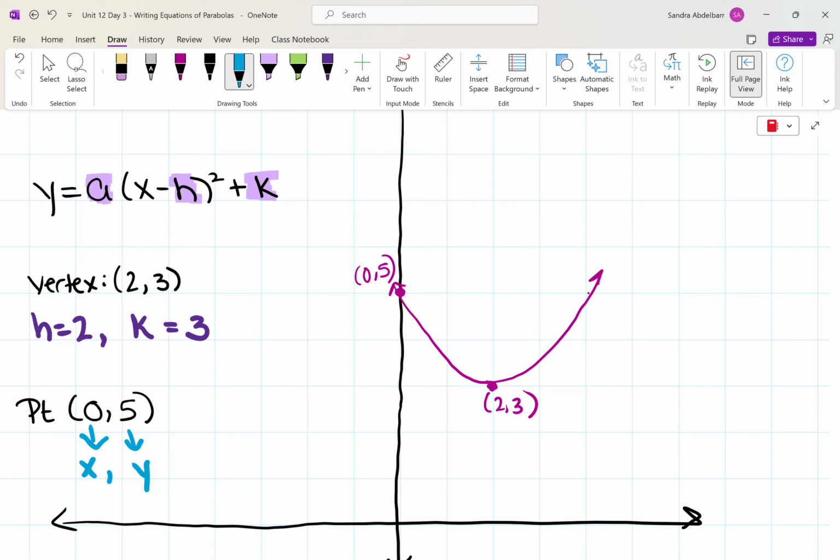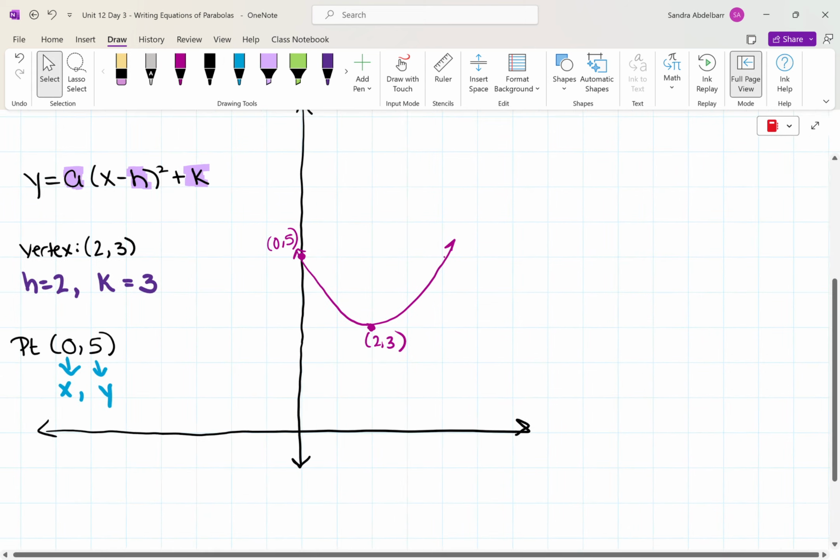I'm going to take all this information, the fact that H is 2, K is 3, X is 0, Y is 5. I'm going to go back to this equation of a parabola. I'm going to plug in for everything and solve for A. Once I solve for A, I will have enough to make the equation of this parabola recognizable. So that's our plan.